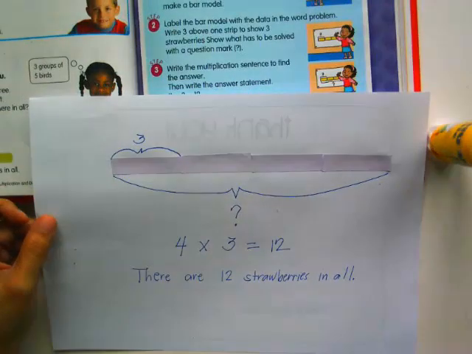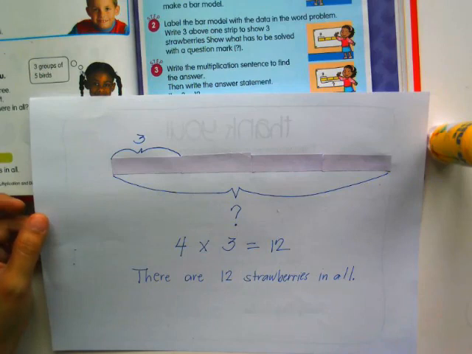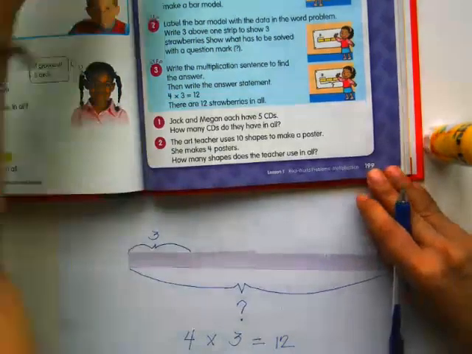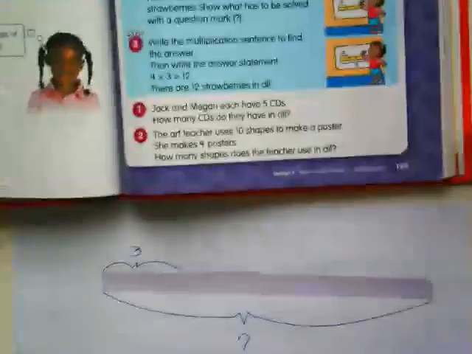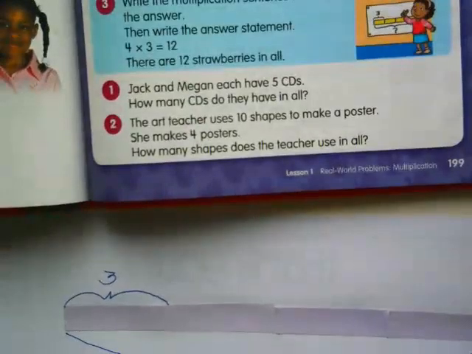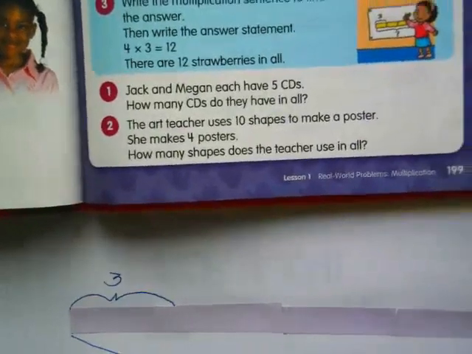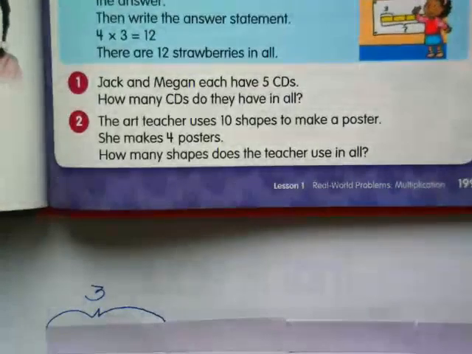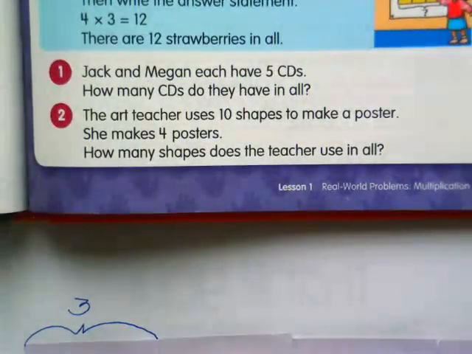Okay, so this is what you are going to do for today. So I will be giving you 2 problems. You are going to work on these 2 problems. Let me show it to you. Okay, so you will be working on problem number 1 and problem number 2, and do the same thing as what we did just now.